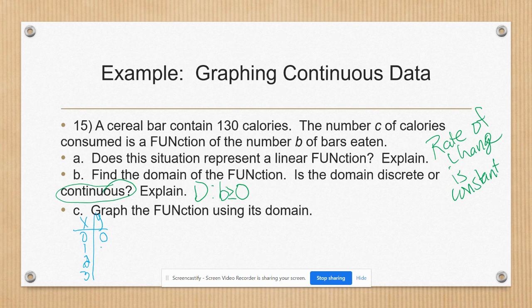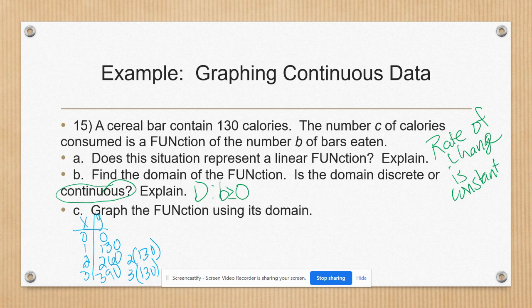If I ate 1 bar, I would have 130 calories. 2 bars would be 2 times 130, which is 260 calories. 3 bars would be 3 times 130, which would be 390 calories.